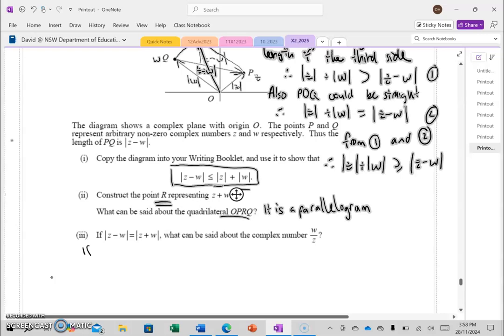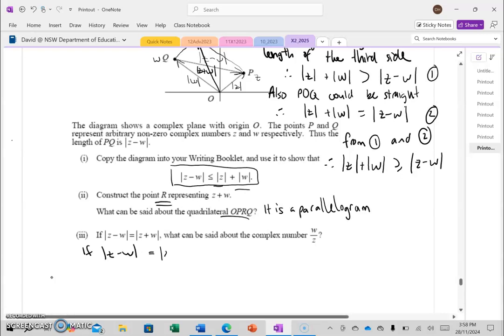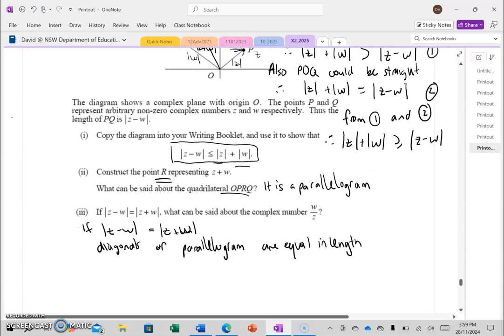If the length of Z minus W equals the length of Z plus W, the diagonals of the parallelogram are equal in length. Okay, well, what parallelogram has diagonals that are equal in length? Yes, it is the rectangle. So therefore, OPRQ is a rectangle.